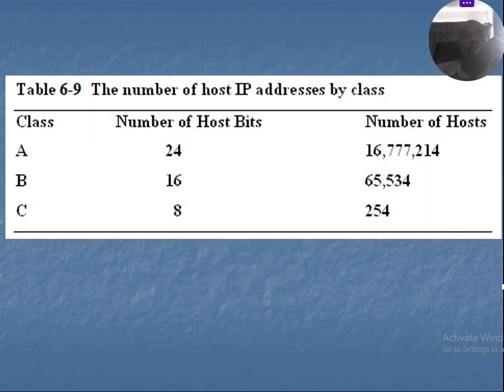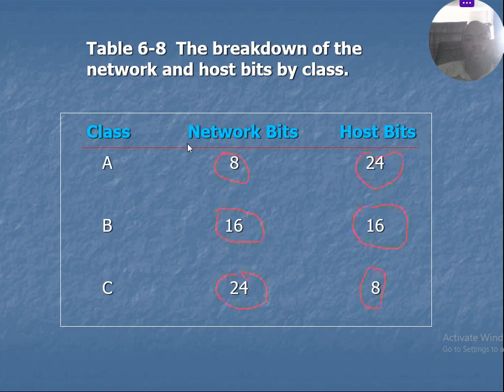So if you take a look at this table 6.9, you see the number of host IP addresses by class. Now the number of host bits for class A: you can see the host is 24, 8 plus 8 plus 8, which is itemized here in this table.